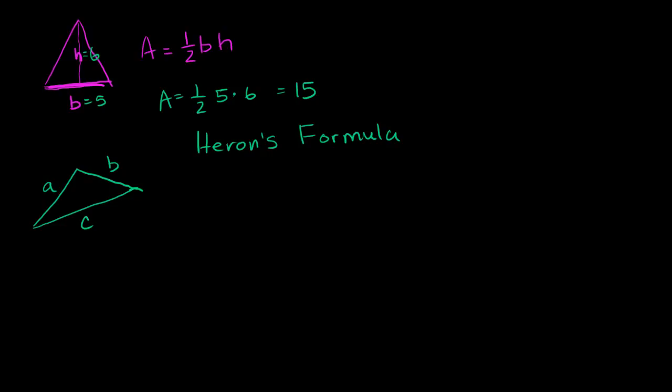So Heron's formula says first figure out this third variable s, which is essentially the perimeter of this triangle divided by 2. A plus B plus C divided by 2.